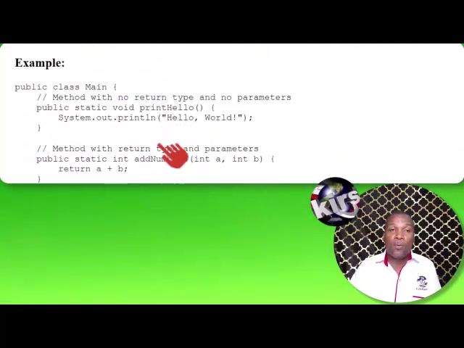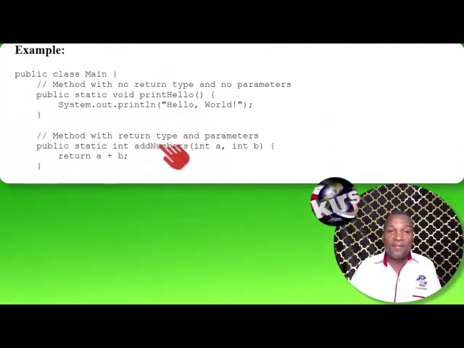We have an example in our case. We have a method here, which is in public class Main. This is a main method. And if it is a main method, as we looked at the other time, then this is a method with no return type and no parameters. So we have public static void printHello.